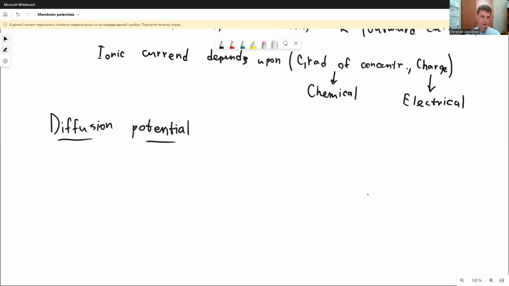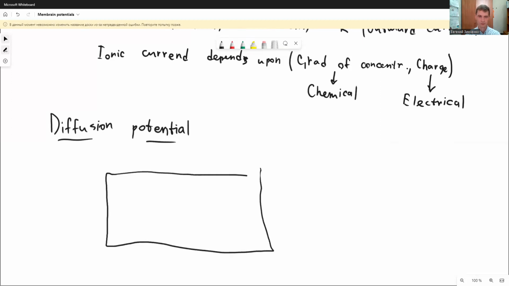For better understanding, we can look at this simple model. It is a beaker consisting of two parts.